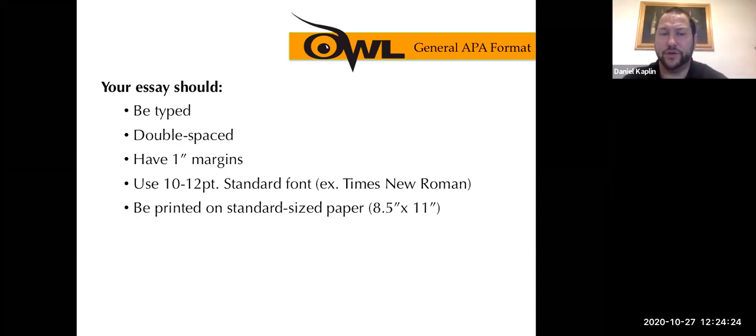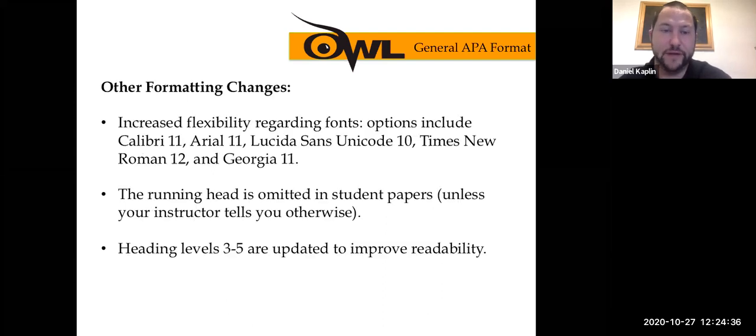You also want to make sure you're using a typeset or font of 10 to 12 point font, and make sure it's standard paper, not legal size paper. Standard paper is 8.5 by 11. Previously, we wanted people to write in Times New Roman 12 point font.